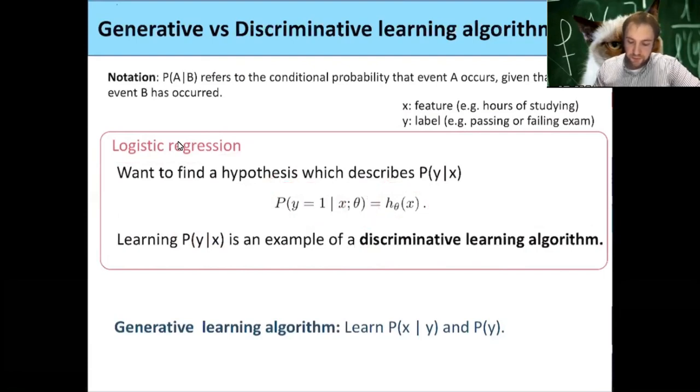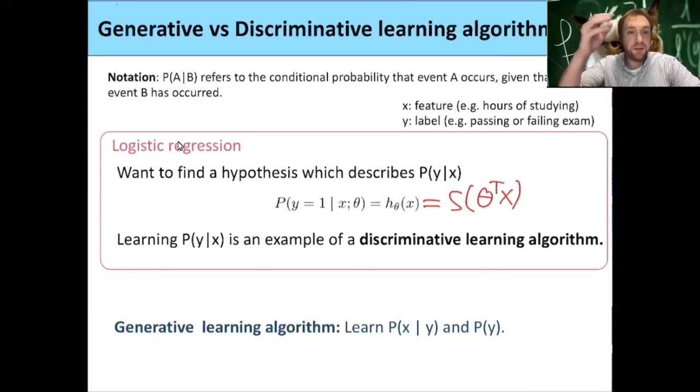We were trying to find these weights, these thetas, to describe this function h_theta, which in this example was the logistic function of theta transpose times x. These thetas were some numbers, theta_0 up to theta_d, which we obtained by doing gradient ascent. But this is what we did before.